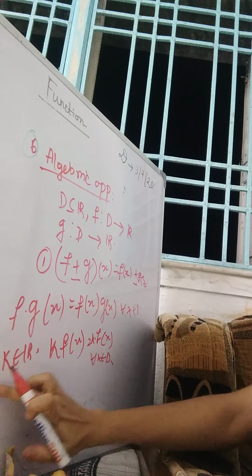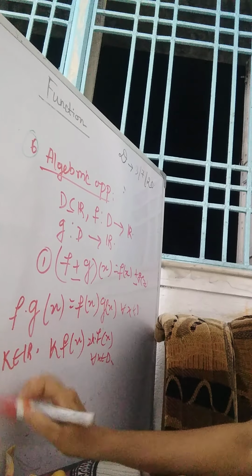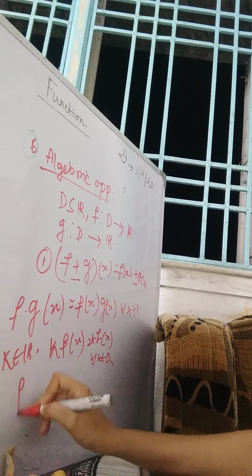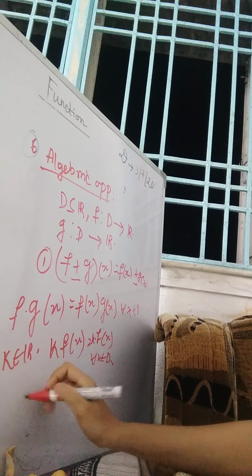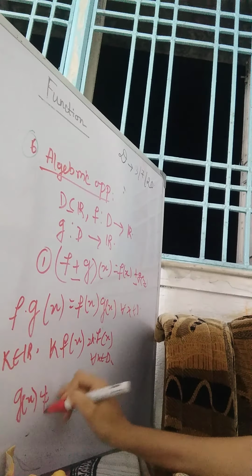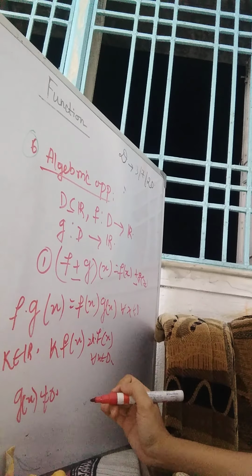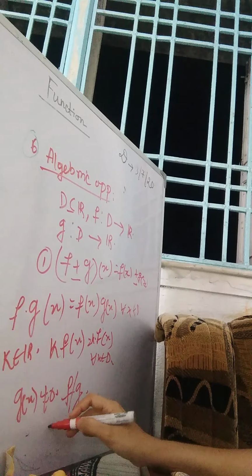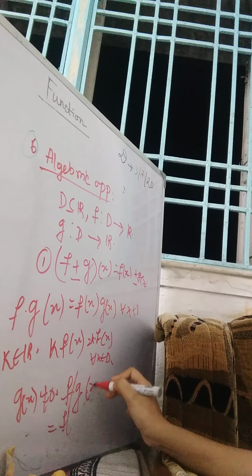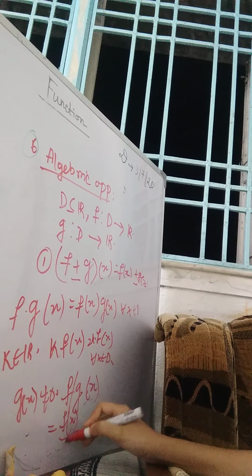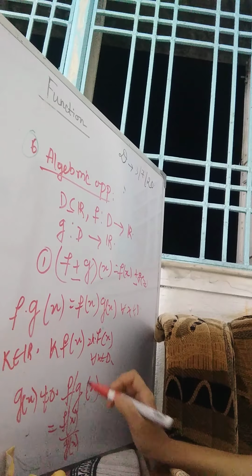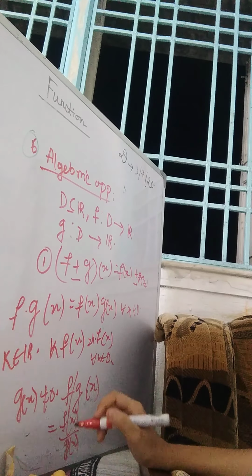The last property, not the least: if g of x is not equal to 0, then the quotient function f by g is defined by (f by g)(x) equals f of x by g of x, where g of x is not equal to 0.